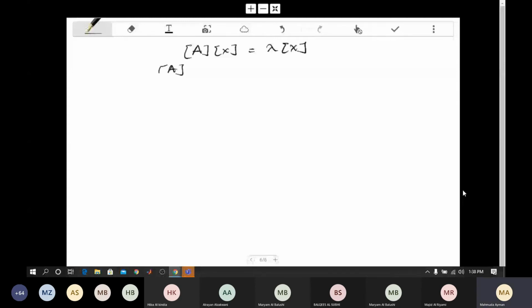It's too confusing if I write it another way, but you can understand it more clearly if I say that A times vector x is equal to lambda times vector x. Now suppose the vector x is replaced by c times the vector x, where c is a scalar multiple.